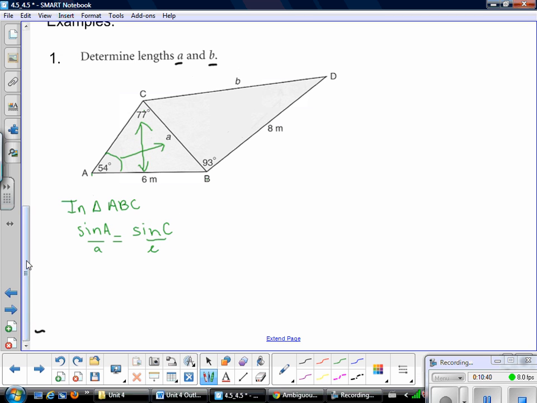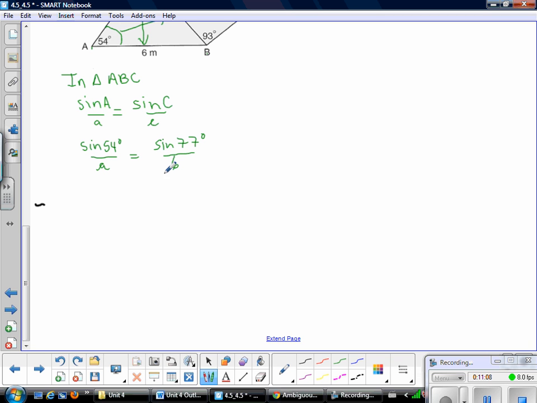That tells the person I'm looking at this triangle and this is the law that I'm using. Now it's just a matter of substituting the information in. So we have sine of 54 degrees over little a, which I'm trying to find, equals the sine of 77 over 6. Now obviously we're going to cross multiply and divide.